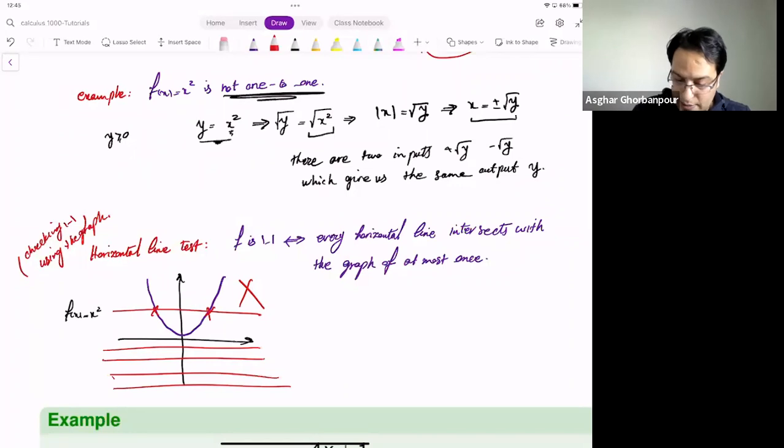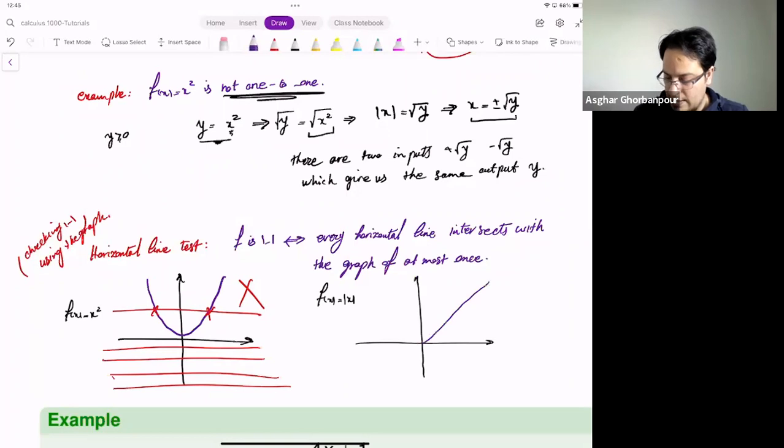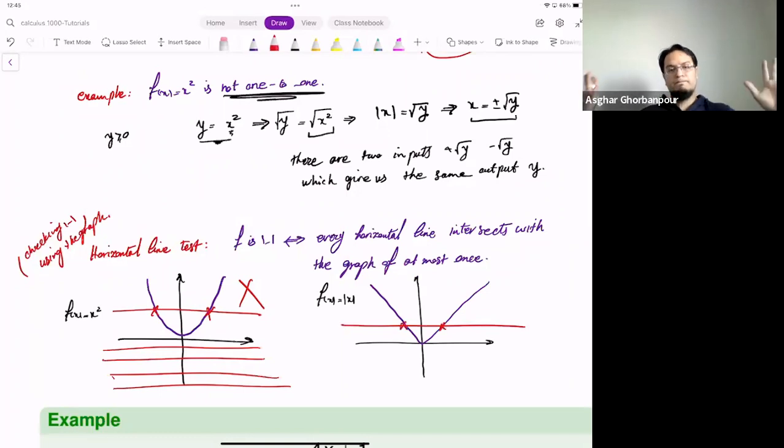Or similarly, f of x equal to absolute value of x. Do you remember the graph of this? This is the V-shaped graph. And as you see, if I draw a horizontal line up there, it's going to intersect the graph more than once. And that's why this is not one-to-one.